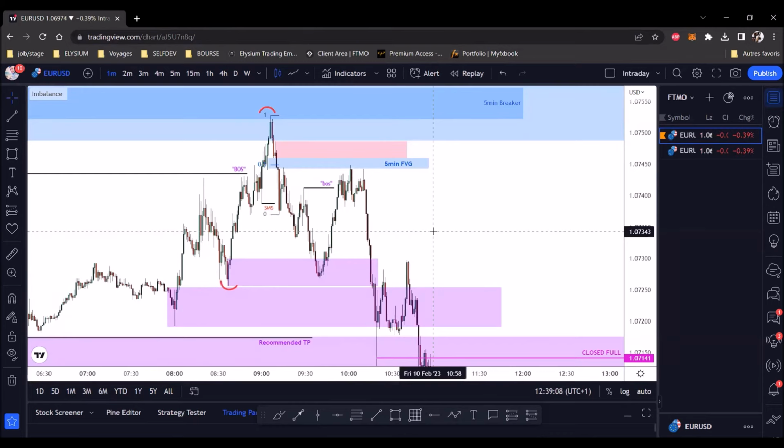It does not matter how many arguments, how many breaks of structure, how many fair value gaps, how much liquidity, whatever. All this is a lie. It's just argument.